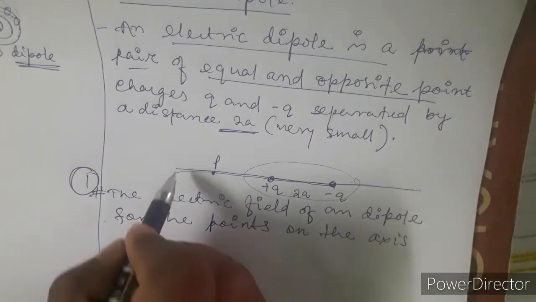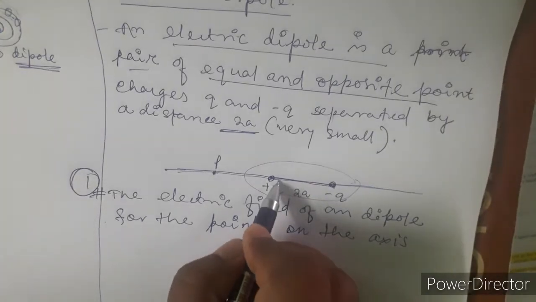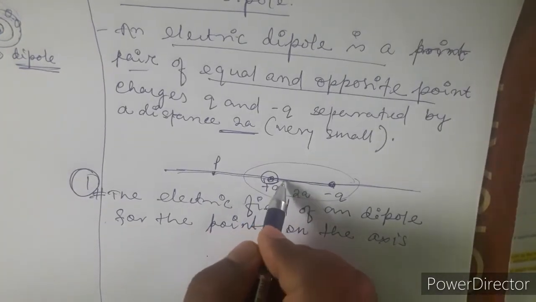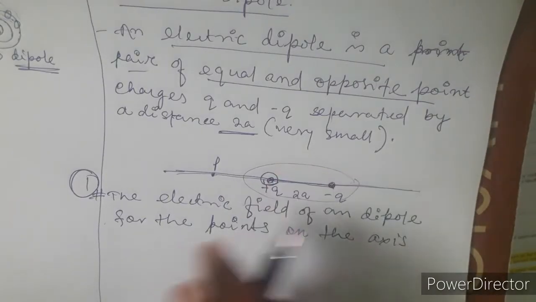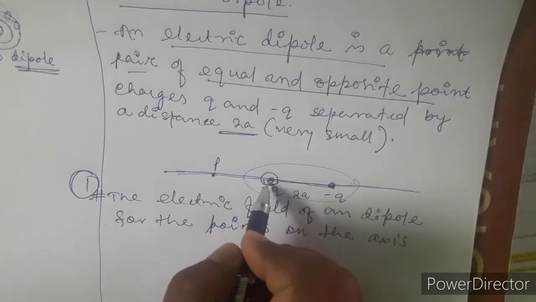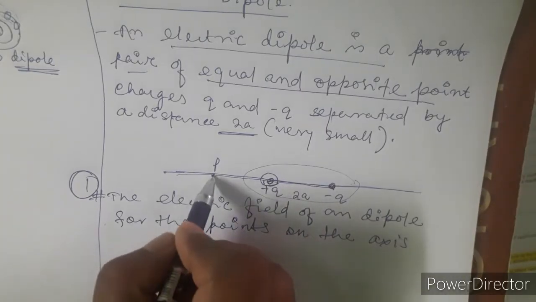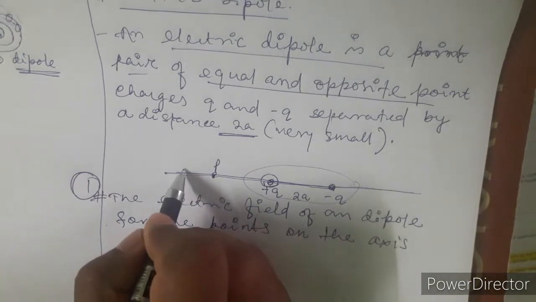So how will you calculate? As this is a positive charge and the two charges are separated by a distance 2a, what will be the electric field due to the plus q charge? Each individual charge will create a field at point p. The charge plus q will create an electric field outward.